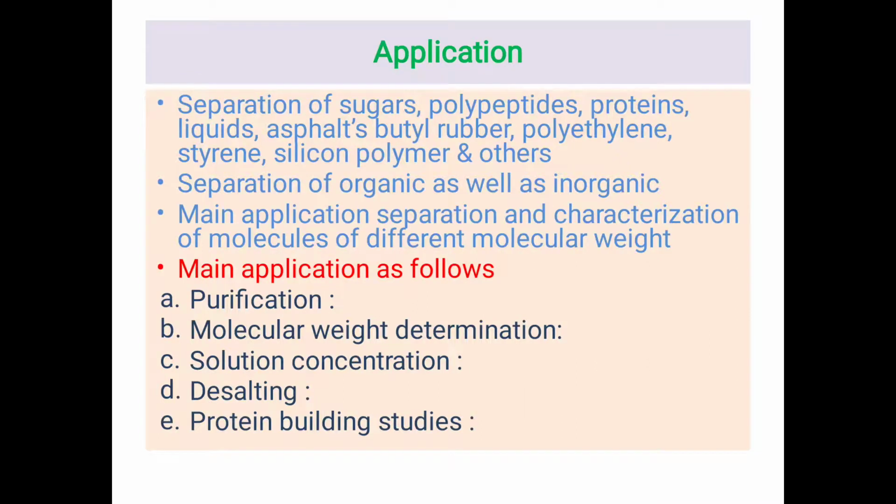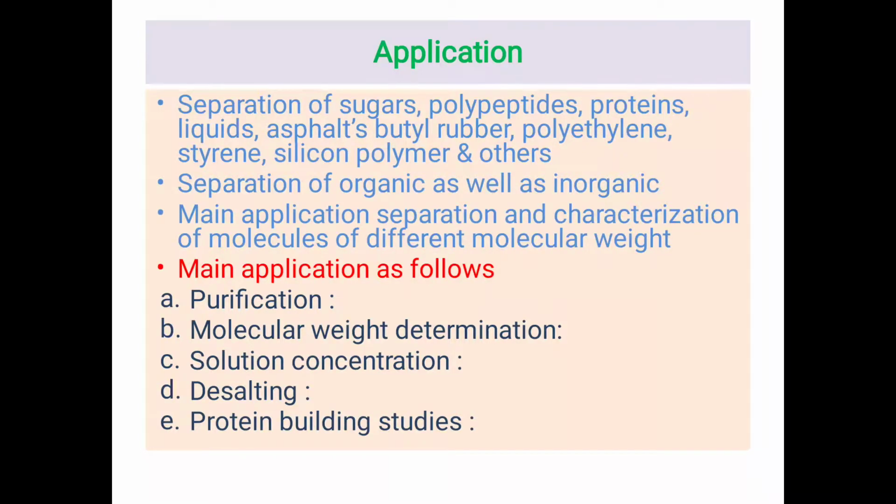Similar molecular weights may be separated by proper selection of the appropriate gel and column length. The main applications of the chromatography are as follows: purification, molecular weight determination, solution concentration, desalting, and protein binding studies. Let's see the purification.